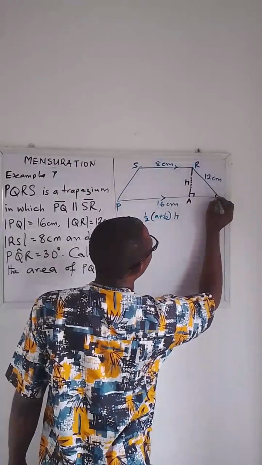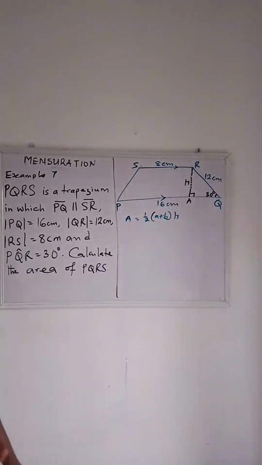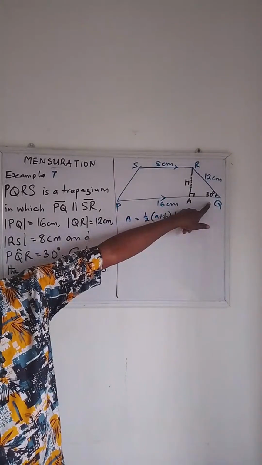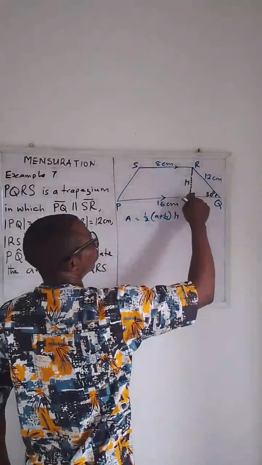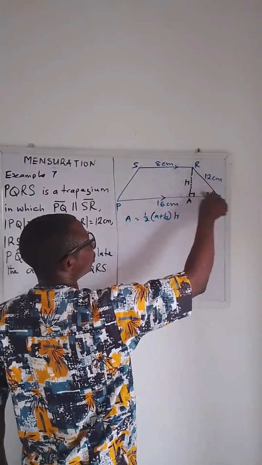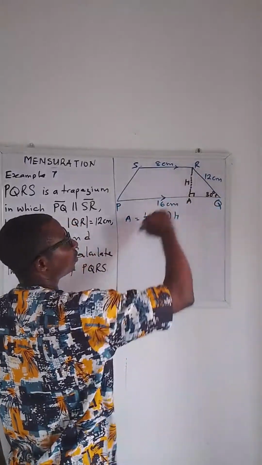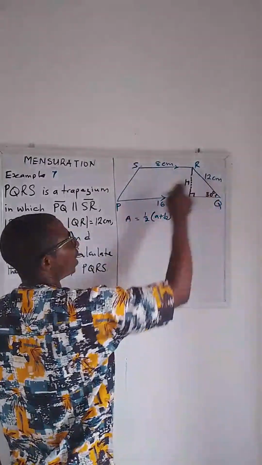That is, this angle here is 30 degrees. Can you see that? So since this is 30 degrees, I can consider triangle RAQ. Now, it's a right angle triangle. So this is opposite, this is adjacent, and this is hypotenuse.